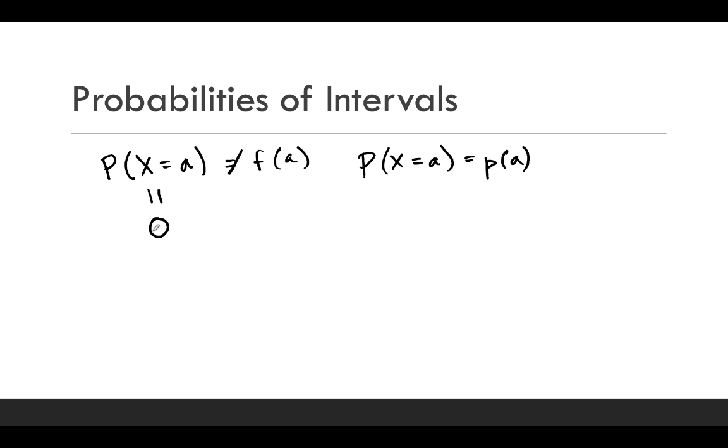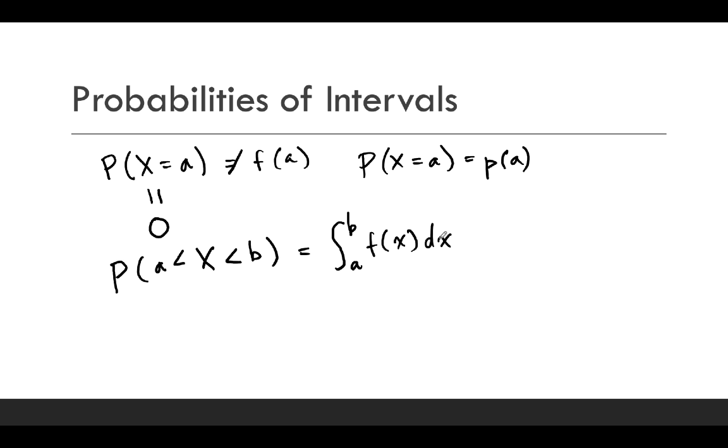So the only way we get non-zero probabilities is that we look at the probabilities of x falling in some range. So for example, the probability that x is between a and a second value b is going to equal the area under that curve, or as we write it in calculus notation, looks like that. Okay, so this is the probability that the value of your random variable is between these a and b is going to be equal to this expression here.